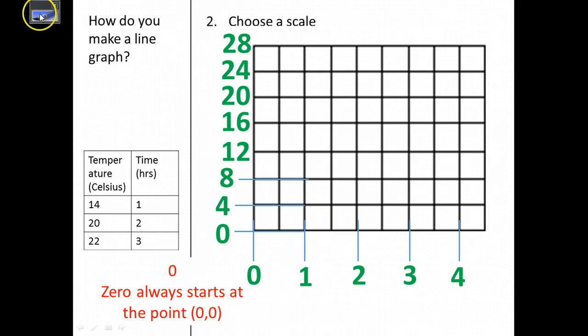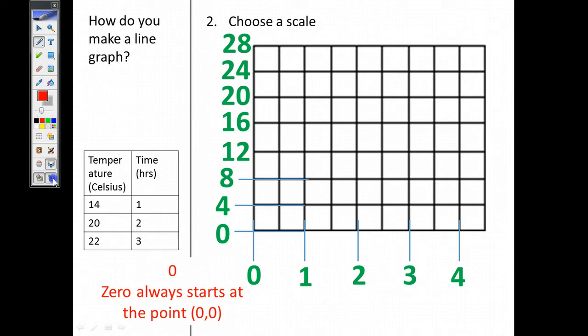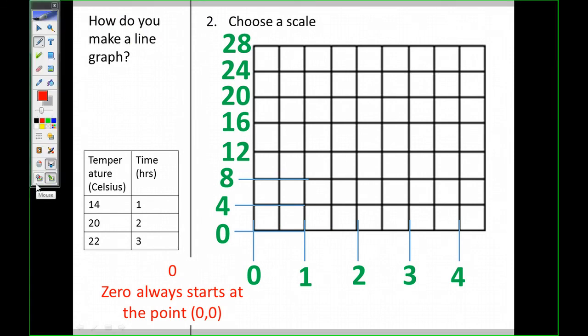That allows me to then chart this and plot my points, and it allows me to use most of my graph. If you don't use over half of your graph on the x-axis or over half of your graph on the y-axis, you aren't using your graph paper to the fullest of its capabilities.